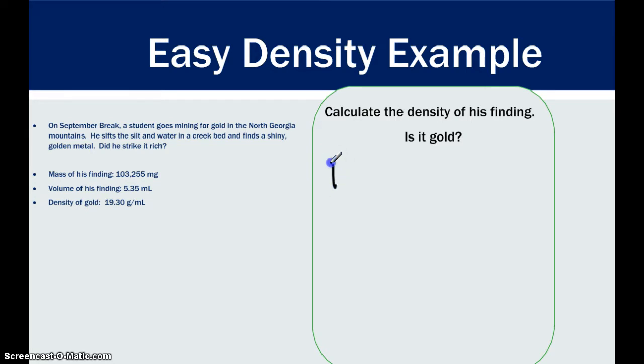So I'm using my equation. Density is mass over volume. Now if you examine these units, the mass is 103,255 milligrams. Milligrams is the unit of mass, but in the density, it's grams.